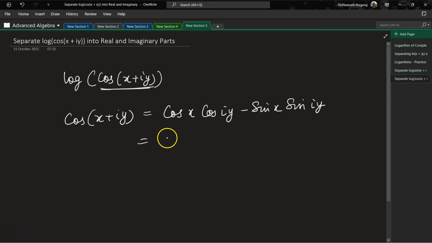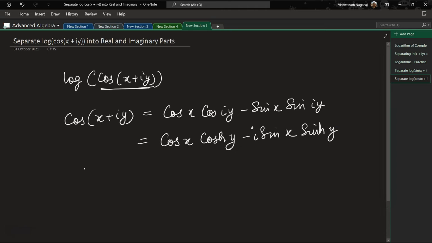and we know that cos of iy can be written as hyperbolic cos of y, and sin iy can be written as i sin hyperbolic of y. Okay, so sin x, I bring it to the front, hyperbolic sine of y. Okay, now what do we do?